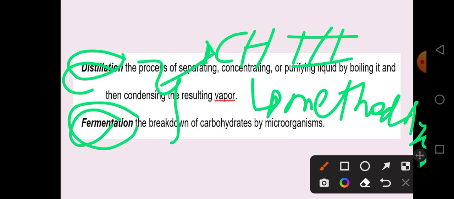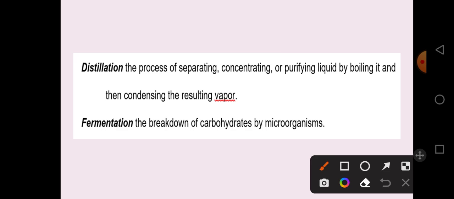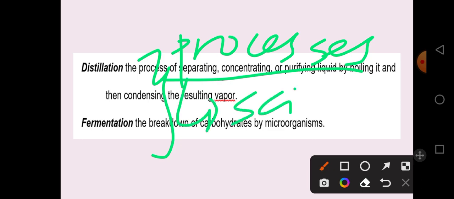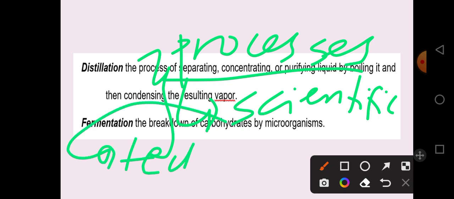Methodology. So meaning to say, class, if these terms are part of the methodology, how can you classify them? So they are known as processes. Processes are those actions or activities found in the methodology. And these processes are considered to be very scientific in nature. And if the processes or the terms related to these processes are scientific, they are considered to be technical.